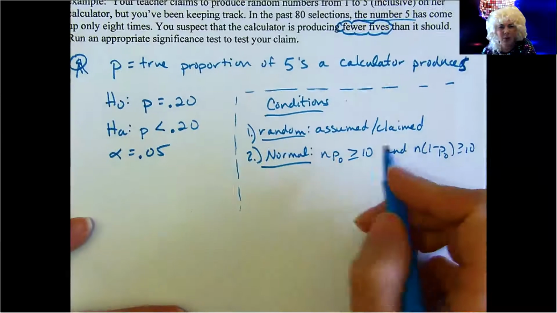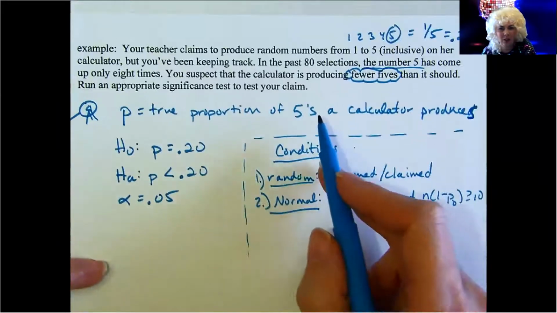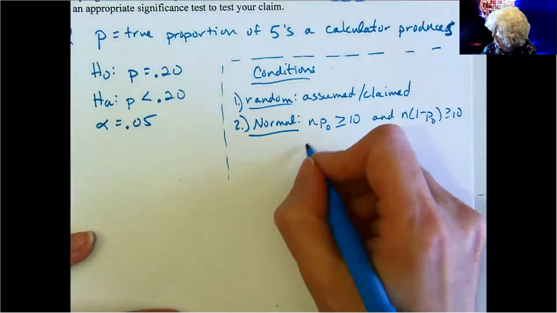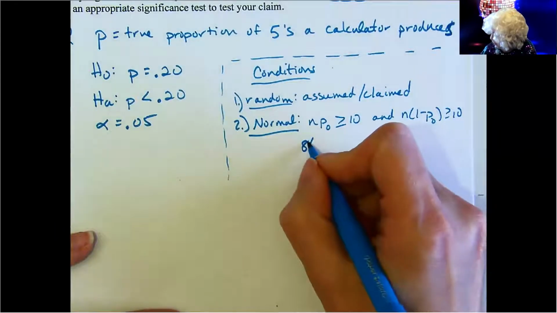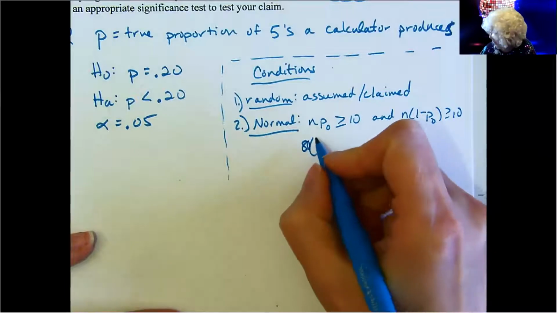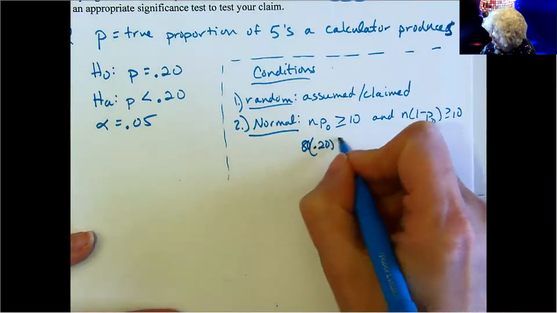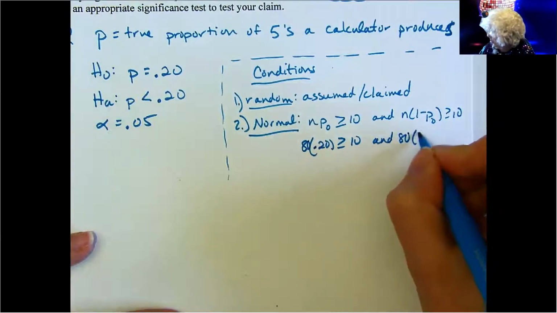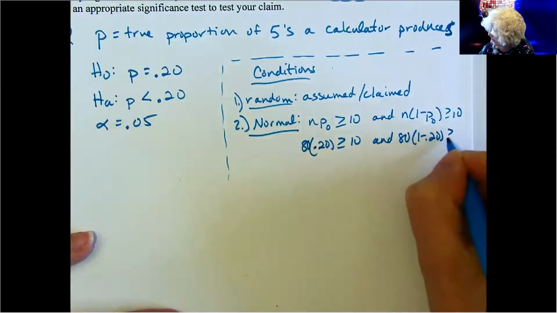So how many times are we going to do this? We're going to do this 80 times. 80, and then we've got 20%. And then over here we have 80, 1 minus 20%.